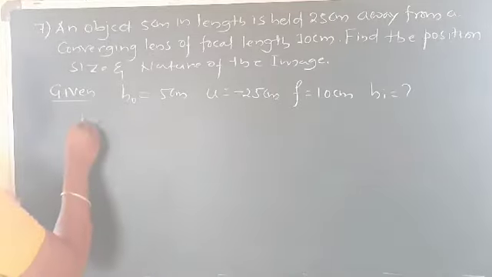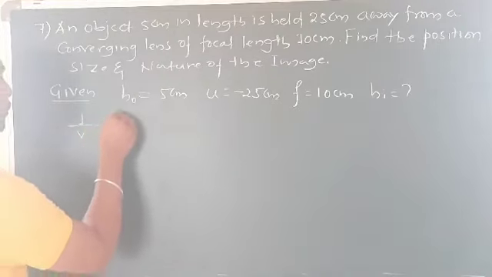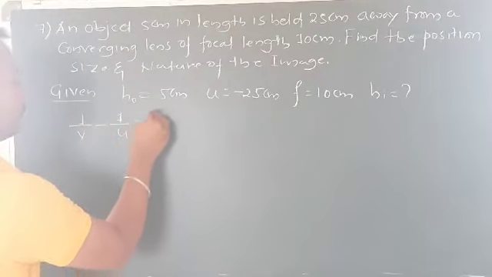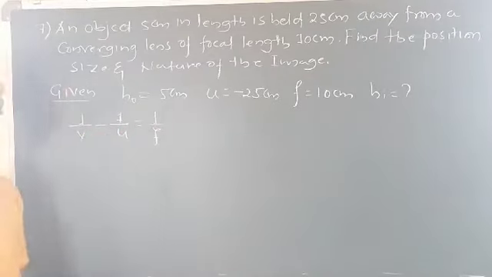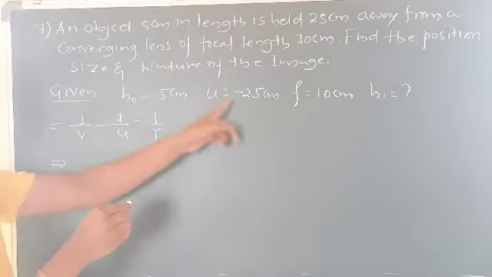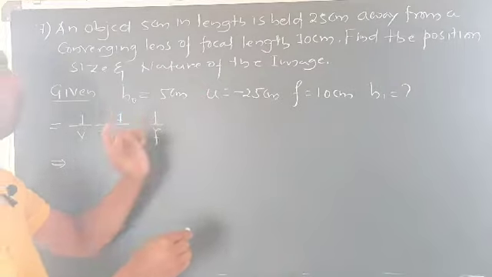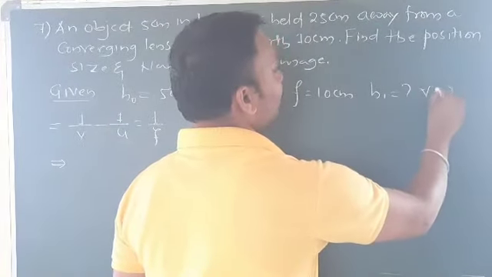What is the lens formula? We have the lens formula 1 by V minus 1 by U is equal to 1 by F. If it is a plus, that is the mirror formula, but in the lens we have minus. We need to calculate V, the image distance.